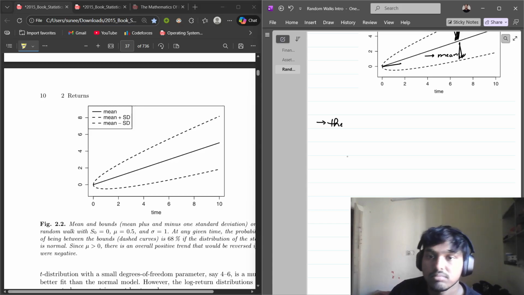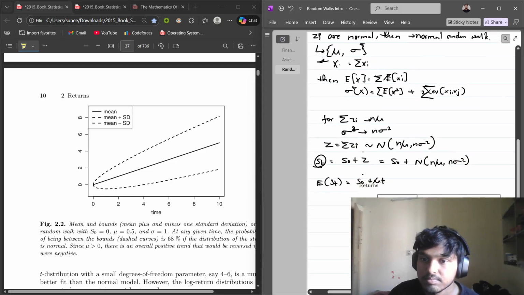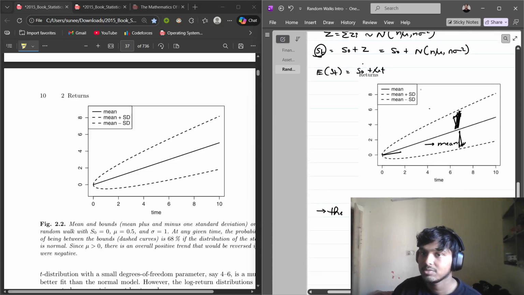The mu here is called drift, because that's where the value is moving. The average is going to that value after some time t at that rate.